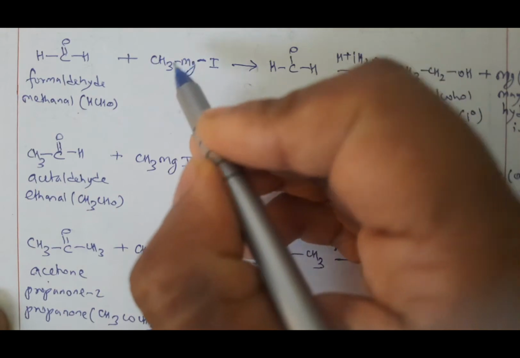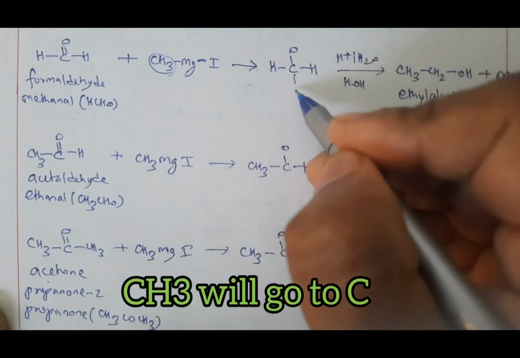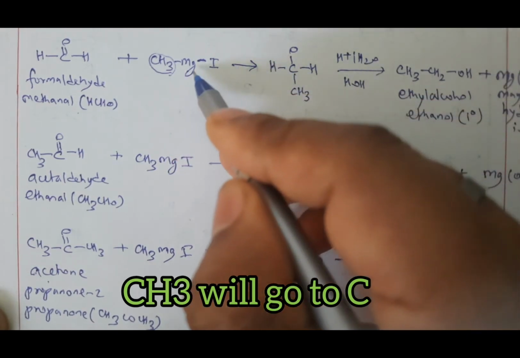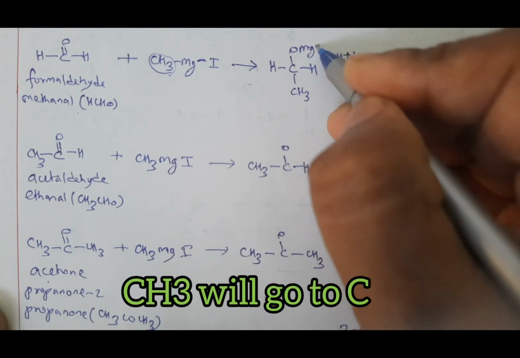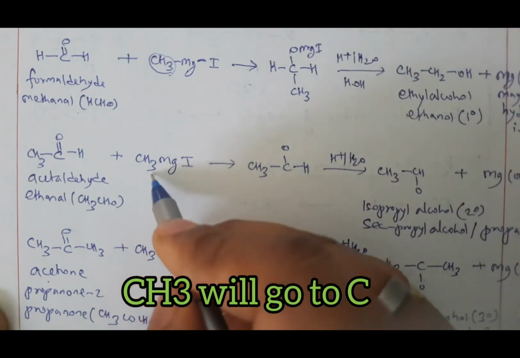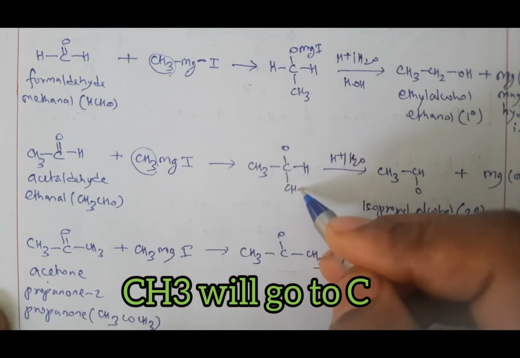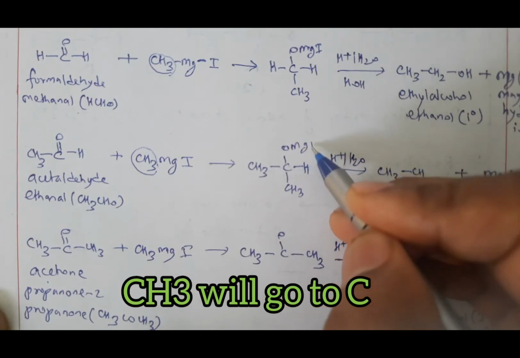Now from this Grignard reagent, this CH3 will go to C, and the remaining part MgI will go to O. Here also the same thing happens. This CH3 will go to C, the remaining part will go to O, and you get an additive compound.